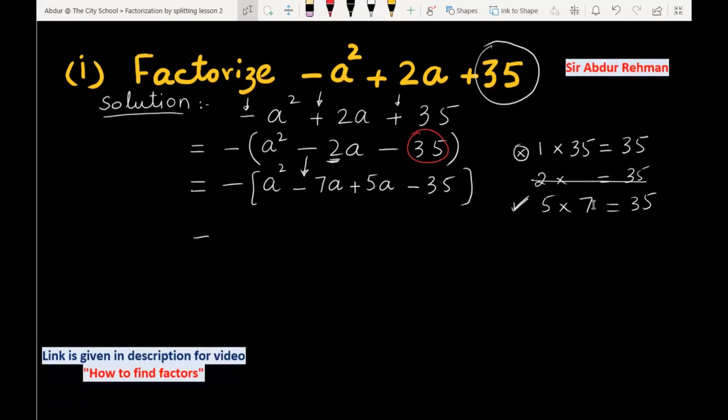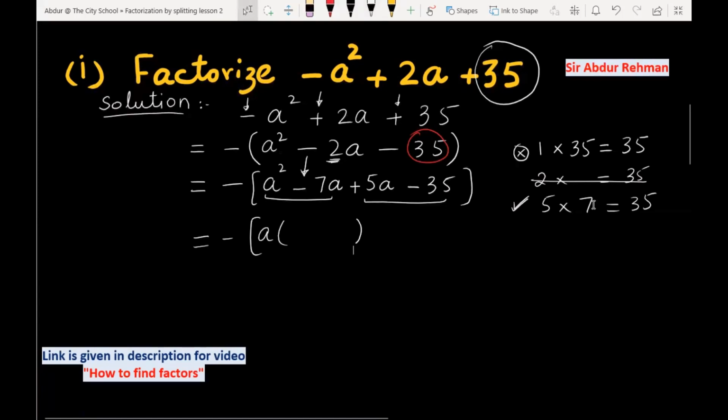The next step is by grouping, find out the common. So this is 7a, this is a square. A is common here in this first group, and you have to write in the bracket, dividing a square by a and minus 7a by a.